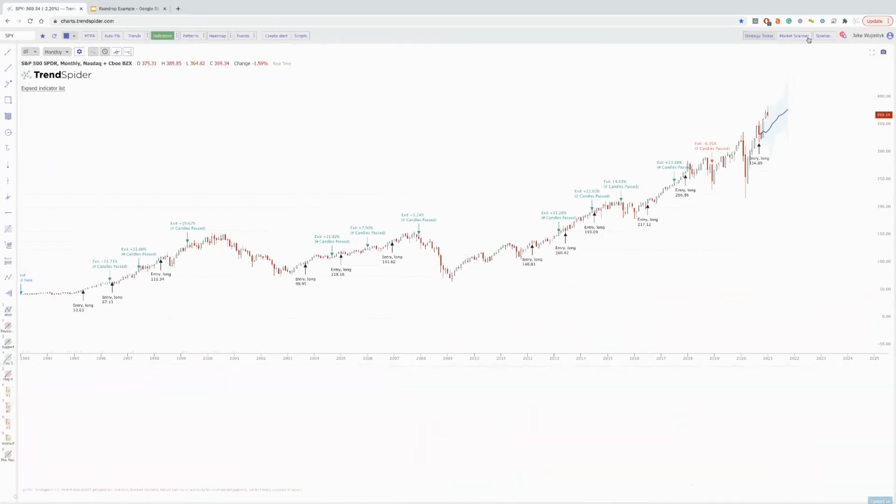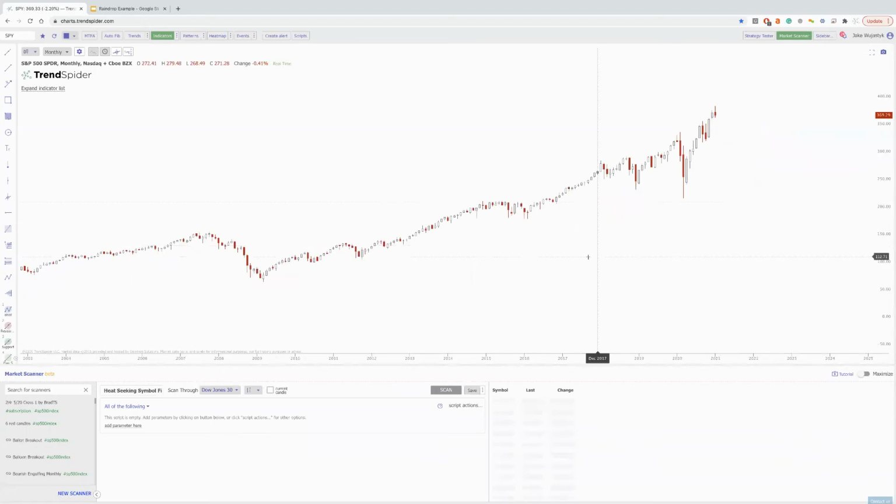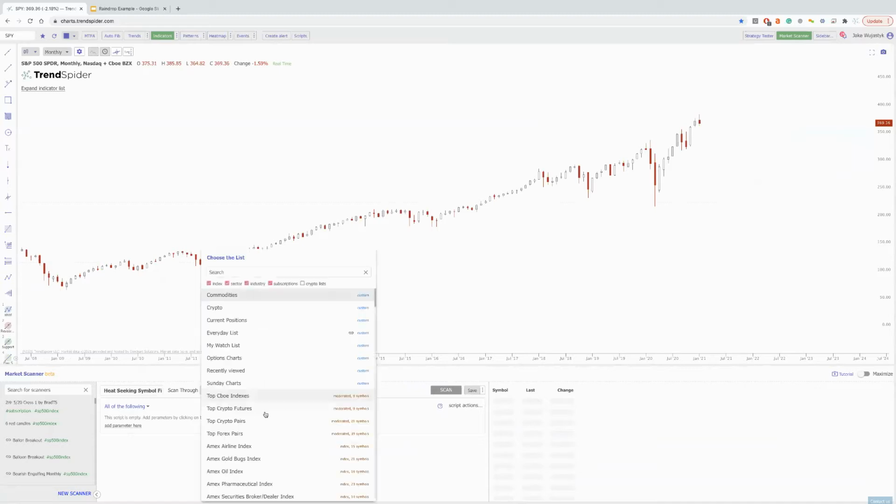You can use these same types of conditions on the market scanner as well. The market scanner allows you to scan the conditions that we just tested for, whatever condition you can come up with. So maybe, it is the 29th of January today, so the monthly candle is going to close today. And maybe I want to see what the current candles look like before the month closes.